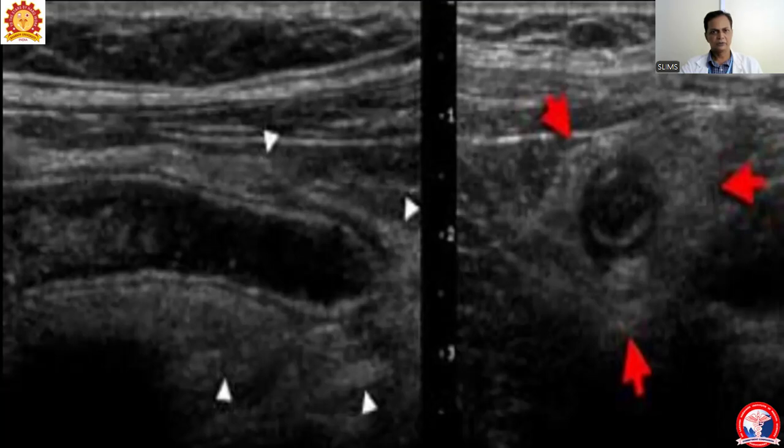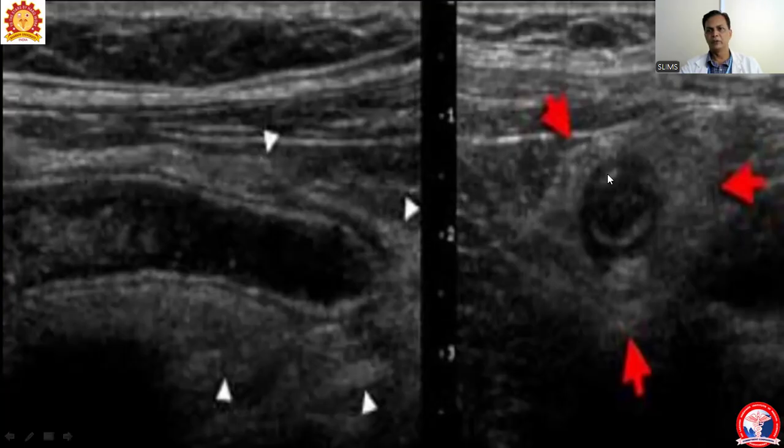Here the appendix is here. This is a fluid-filled, inflamed, enlarged appendix. What is important is that around it, the fat is showing thickening. In the last image, we didn't see this inflamed fat around the appendix.